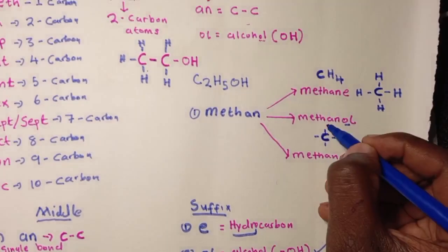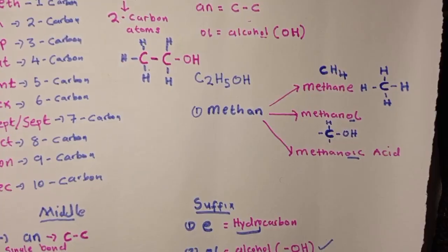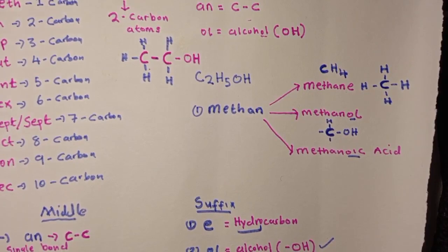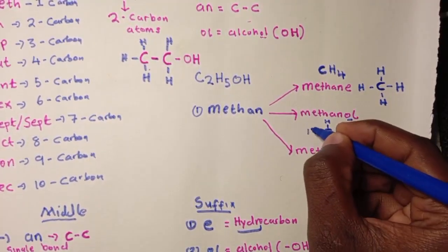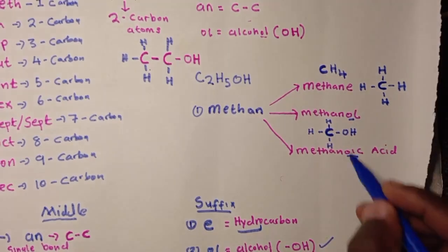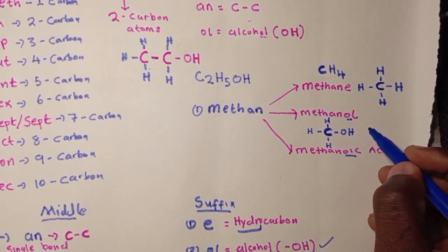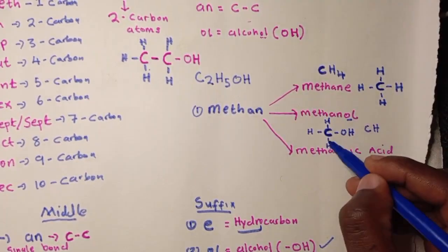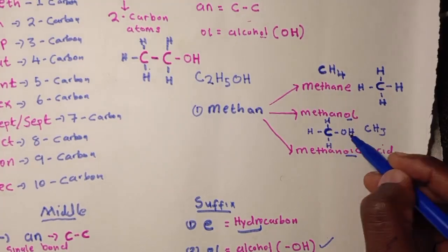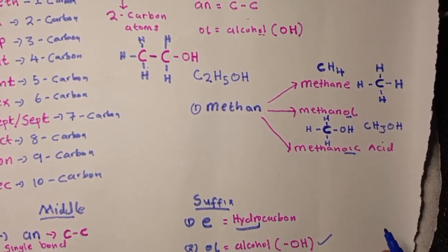Then what do you do with the rest? Hydrogen, of course. It's just hydrogen everywhere. And this is what we call methanol. The formula for methanol is very simple: CH3OH. The functional group always goes at the end, and you're good to go.